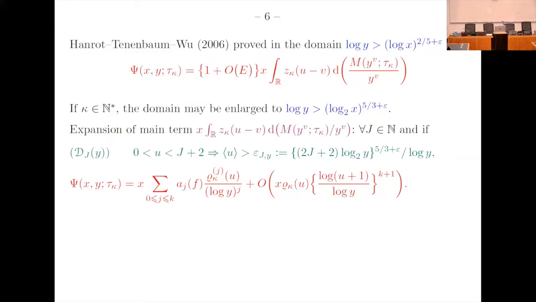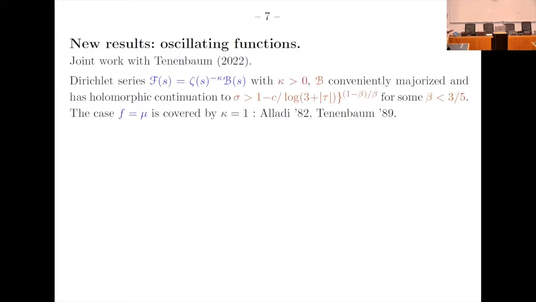So we need to be not too close to an integer. So the fractional parts need to be large. So I give an explicit result here, and we have an expansion here as in Sayas's article.